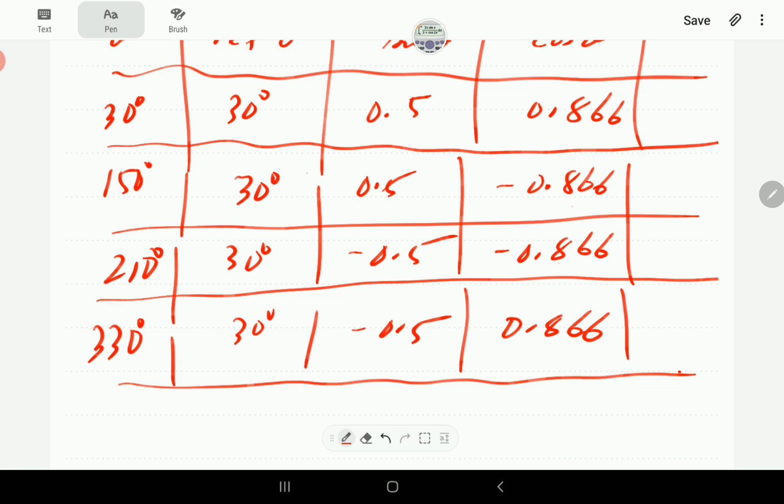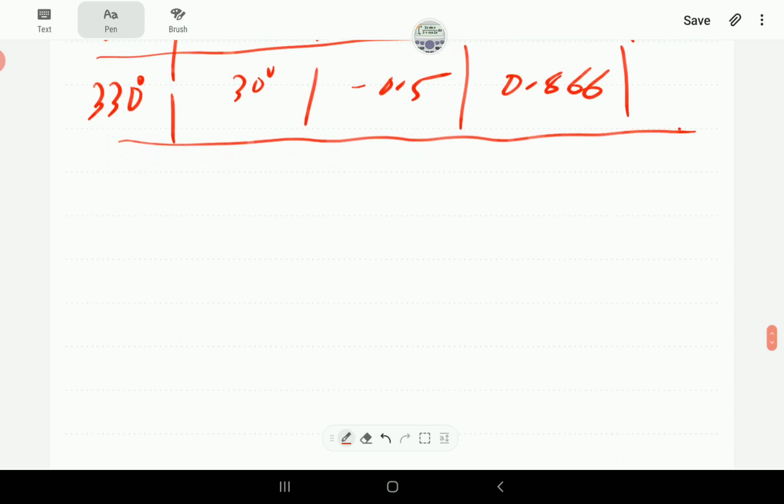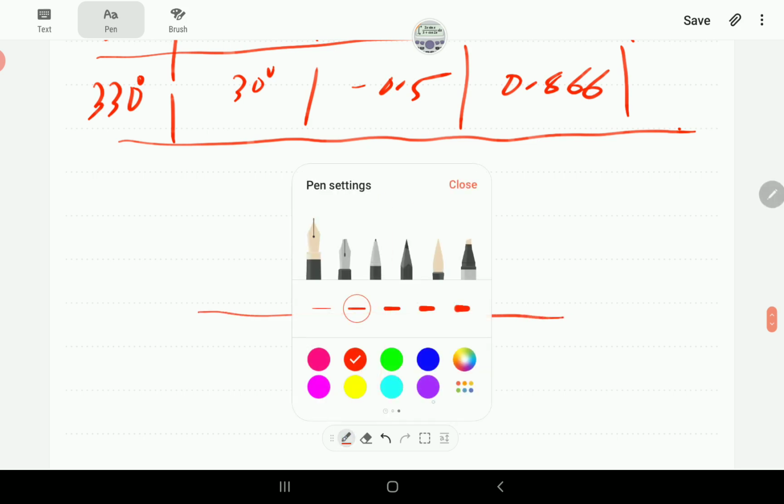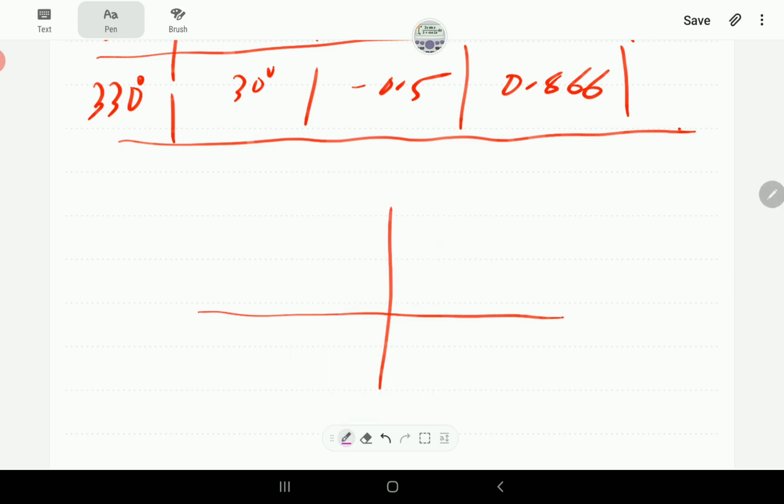So here we see that once we know the sine and cosine of 30, we also know the sine and cosine of 150, 210, and 330. All we need to do is observe the rules that we set up in the first video, where we said in the first quadrant they are all positive.